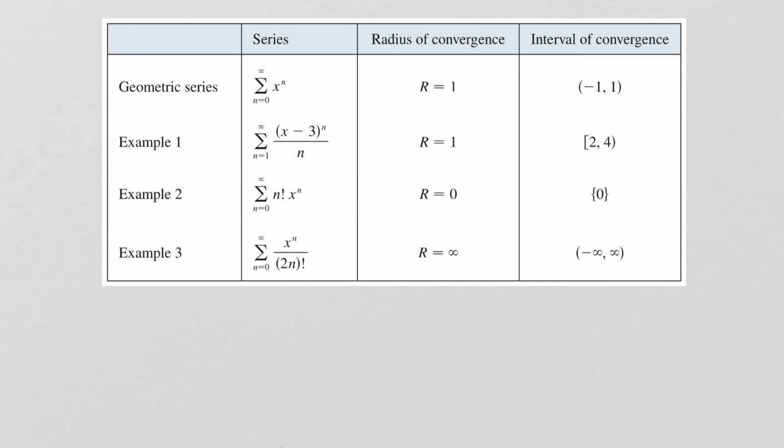In the second example, the radius is 0, because the only number where it converged was for x equals 0. So this is the one that is not useful to us. And in the third example, the radius is infinity, because the interval of convergence was -infinity to +infinity.